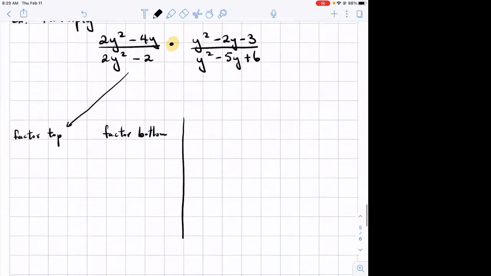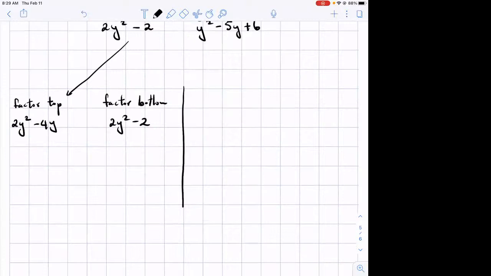The top we know is 2y squared minus 4y. The bottom we know is 2y squared minus 2. Notice I can factor the GCF, which is 2y. If I take out 2y, I have y minus 2.